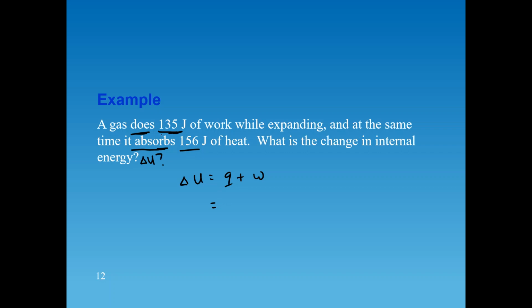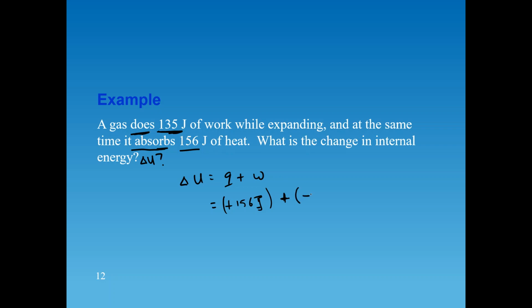So the question says, let's deal with the heat part first. It absorbs 156 joules of heat. So if the gas is absorbing 156 joules of heat, that means that Q is positive. So therefore, the value of Q would be plus 156 joules, all right? And then, let me put that in parentheses. And then as far as the work is concerned, the question says that the gas does 135 joules of work, which means that work is negative.